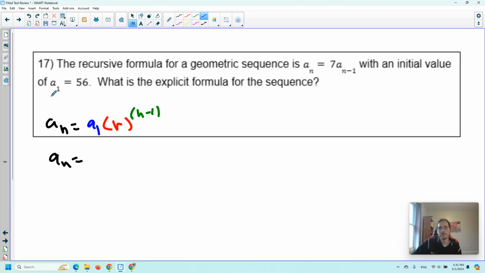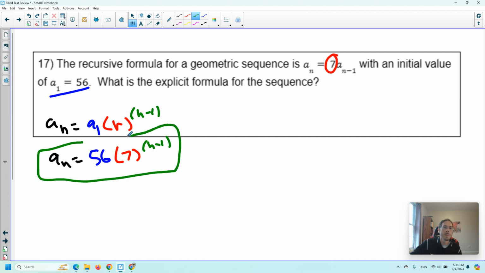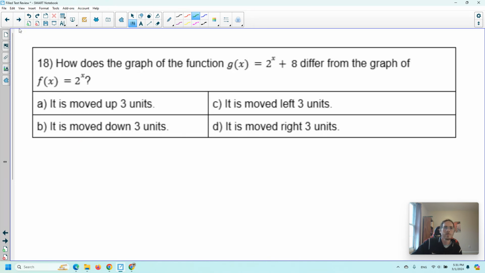It just tells us right there we're starting at 56. R is what we're multiplying by. We see the multiplication here of 7. And again, we're not plugging anything in for the n, so we just leave it as n minus 1. And that one's done too. So just have to convert those two. Again, very nice, and seems like we did pretty good with those.